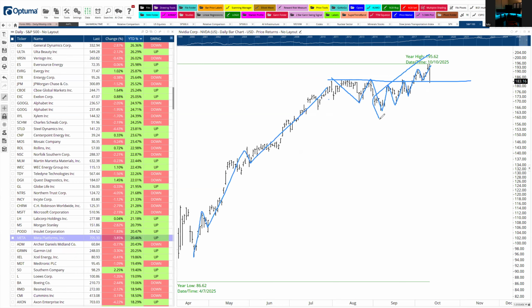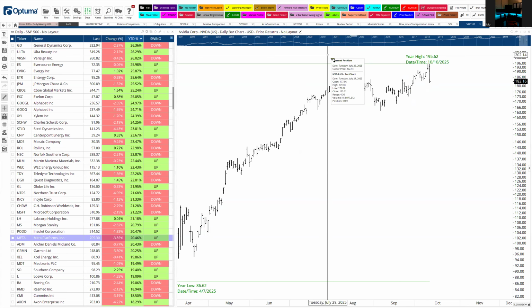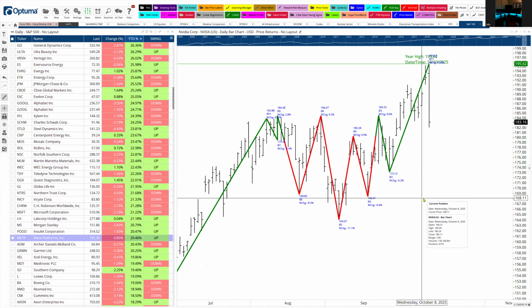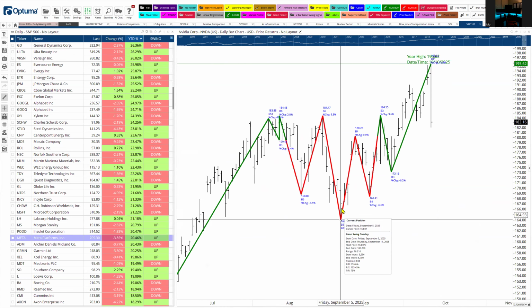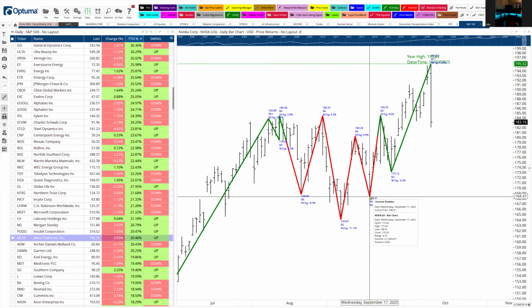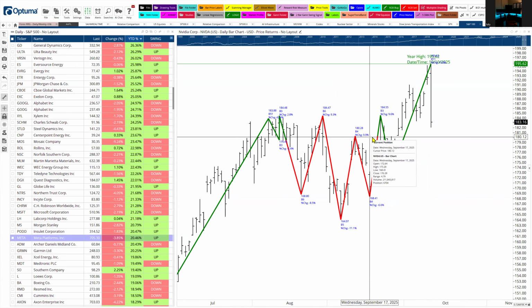Look at this move from this low to this high. Even the fact that it is making higher highs and higher lows, we can put a swing here. You see this is the low right there. That's the first swing down. You see how it changes color?